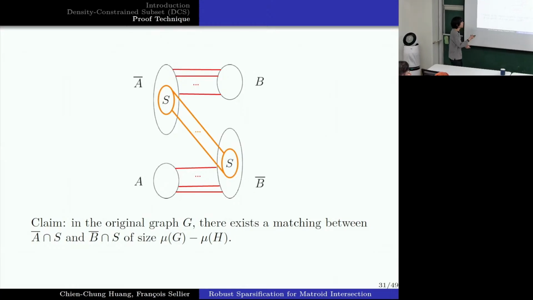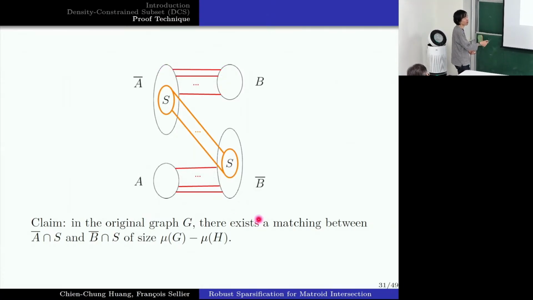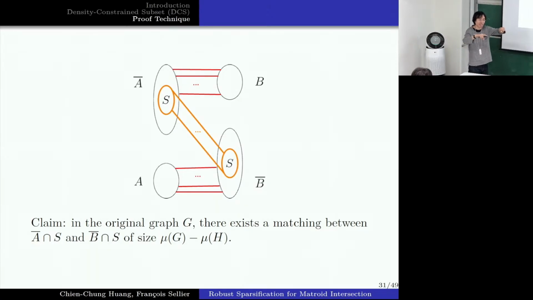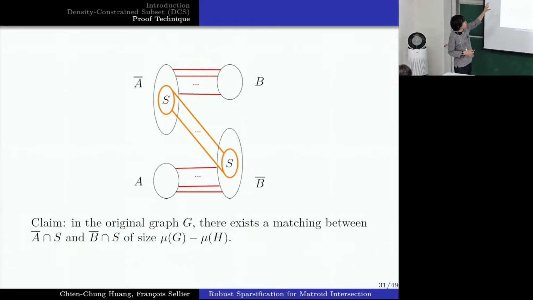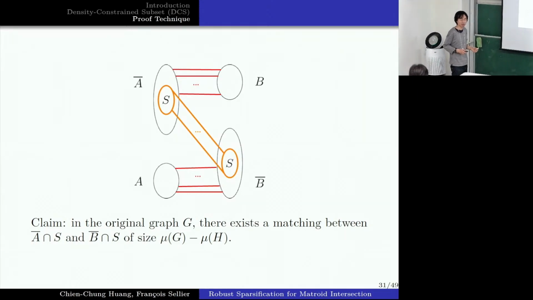So what does that mean? It means that you start with some vertex which is unmatched here, and then you go like this. At some point you have to go from A bar to B bar. And all these paths are disjoint. So every time you cross from A bar to B bar, that edge will give me the matching that I'm talking about here.